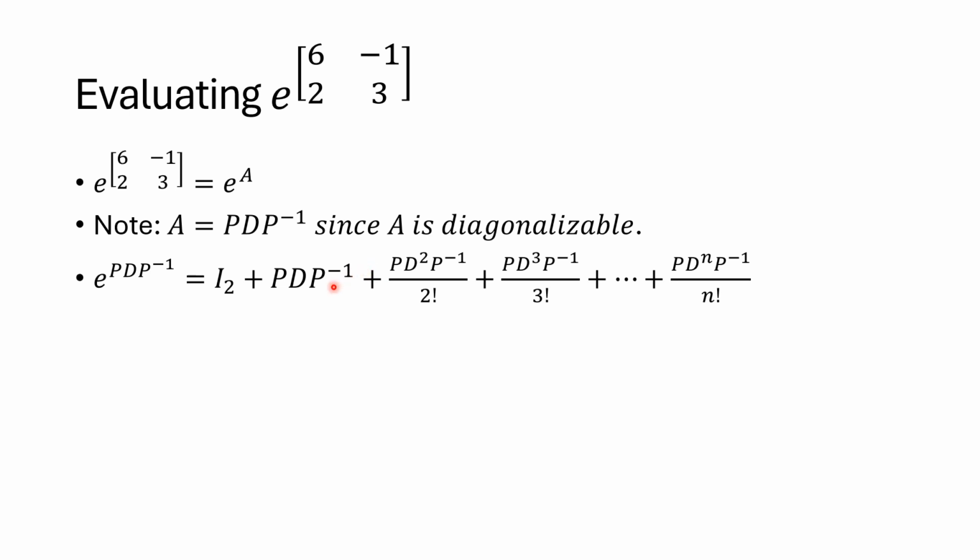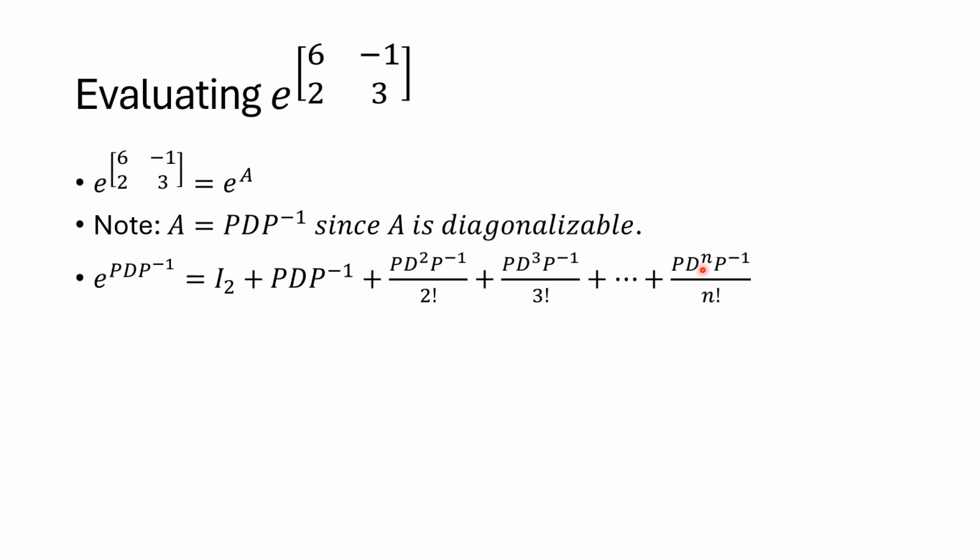And then you probably notice that when we raise x to the nth power, instead of doing that, we're actually just raising D to the nth power. That is because of a rule of diagonalization, which is that if you raise A to any power, then you raise the respective diagonal matrix D to the same power, right?